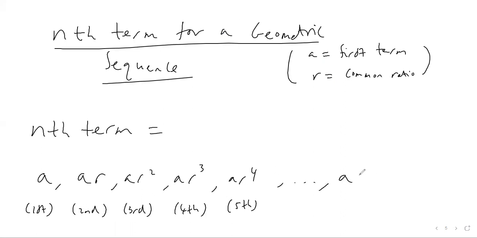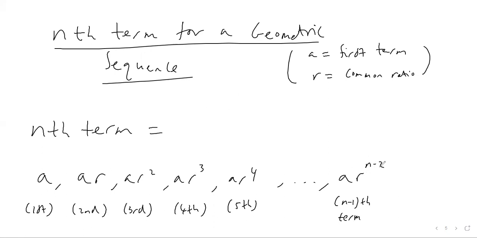Well, let's do our n minus 1th term first. A times r to the power of n minus 2, that's going to be our n minus 1th term. And why is that? Because if we look at these numbers down here, for example, AR squared, that's our third term. So the power is 1 less than the term number. And here again, the same thing, AR to the power 3, that power is 1 less than the term number 4.